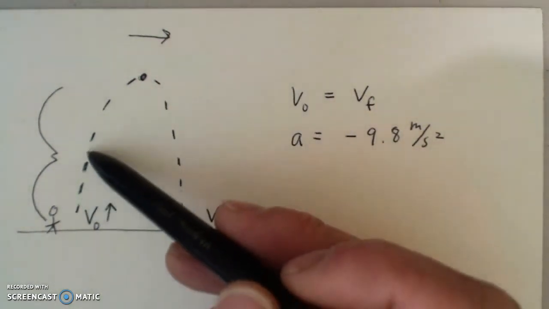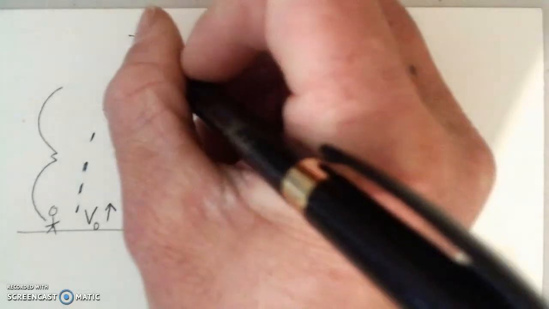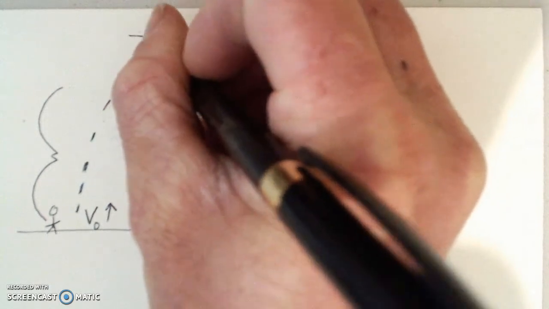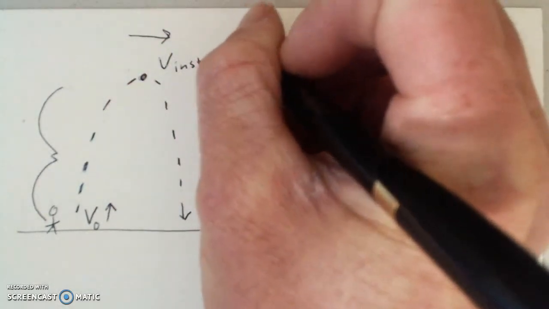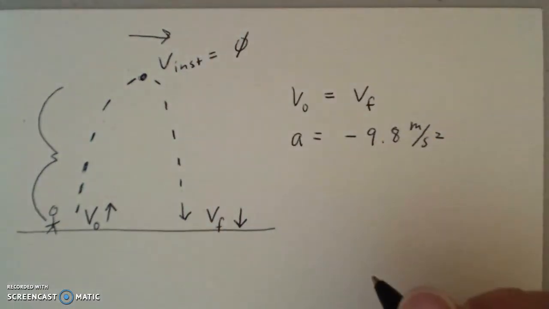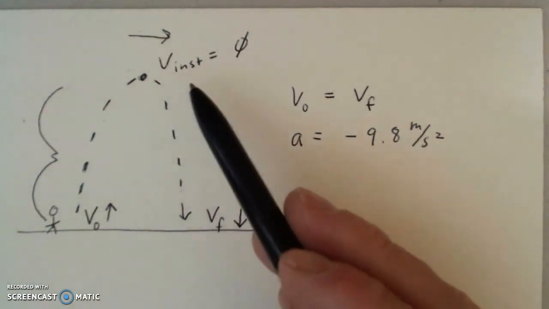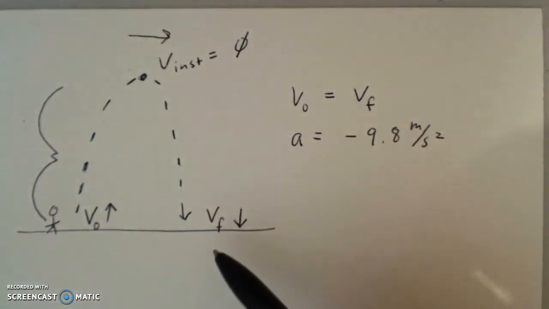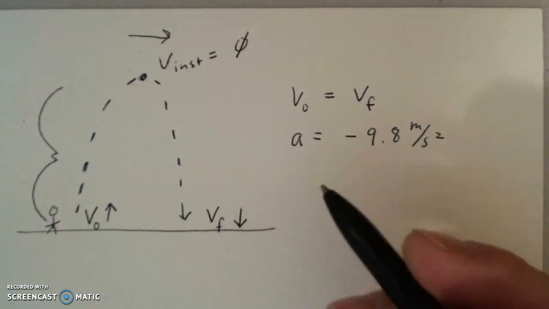I'm slowing, slowing, slowing, slowing, and eventually at the top, I reach a point where my instantaneous velocity at this spot is going to be 0 for a split second. And if that's true, as my vector changes direction and starts pointing down, we can now know another piece of information to solve free fall problems.